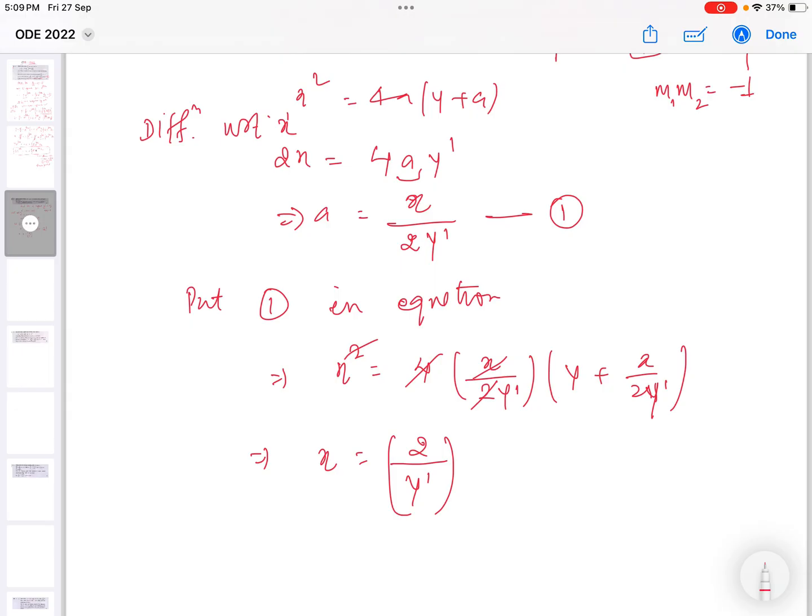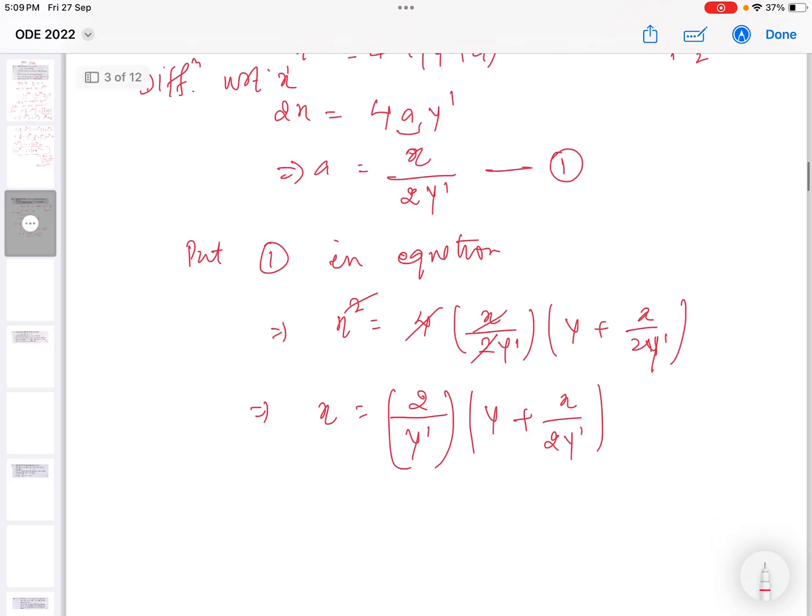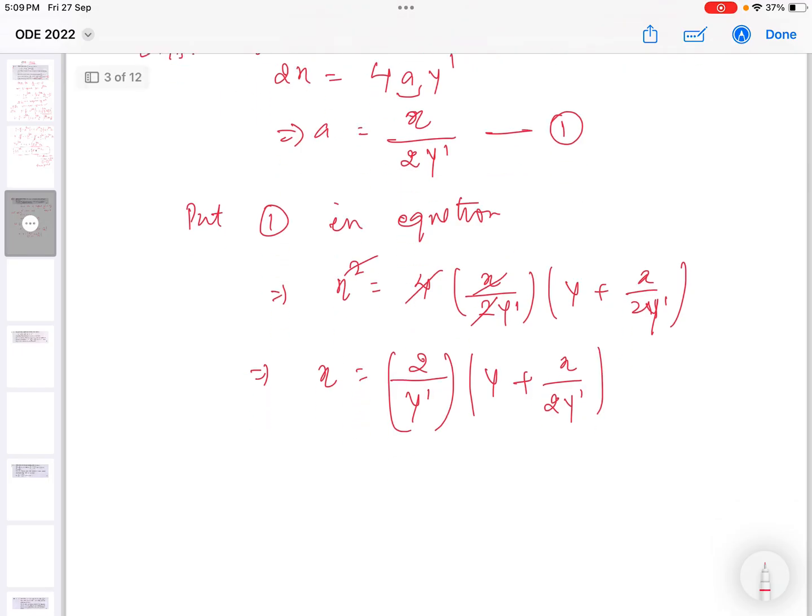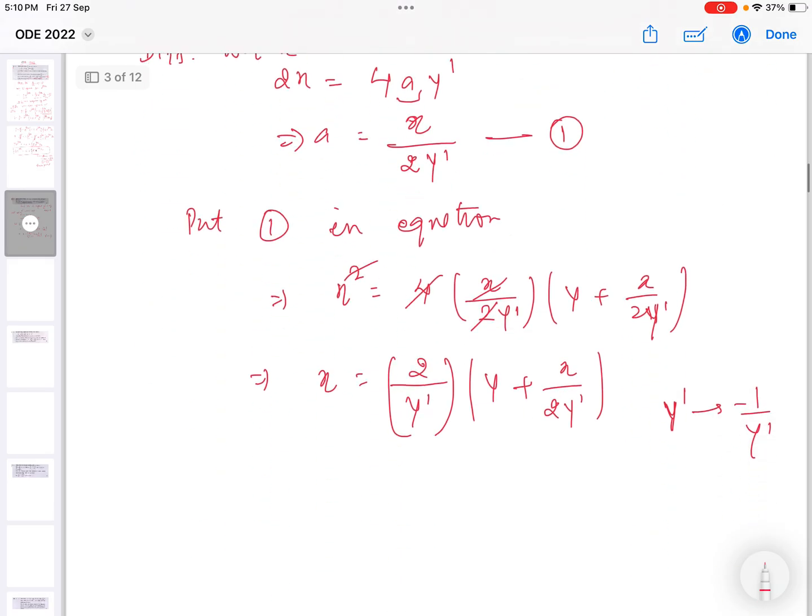What we can do is here y plus x by, say we can solve it further, or here also we can put y dash as minus 1 by y dash in order to get the parabola, in order to get orthogonal trajectories.